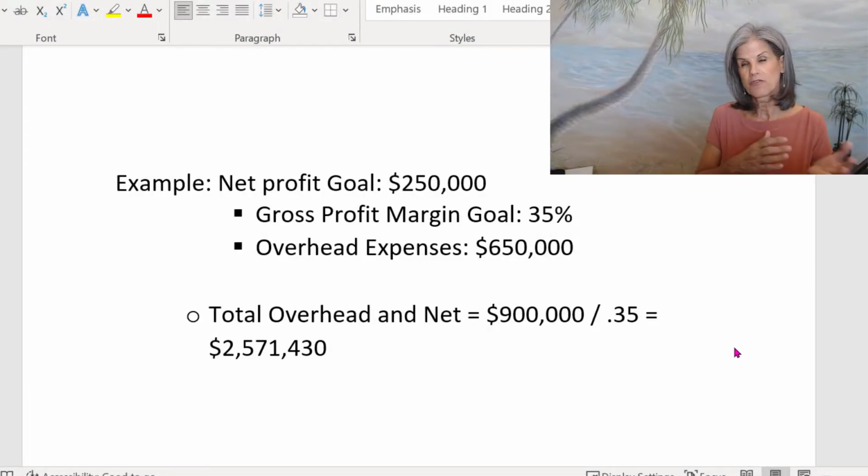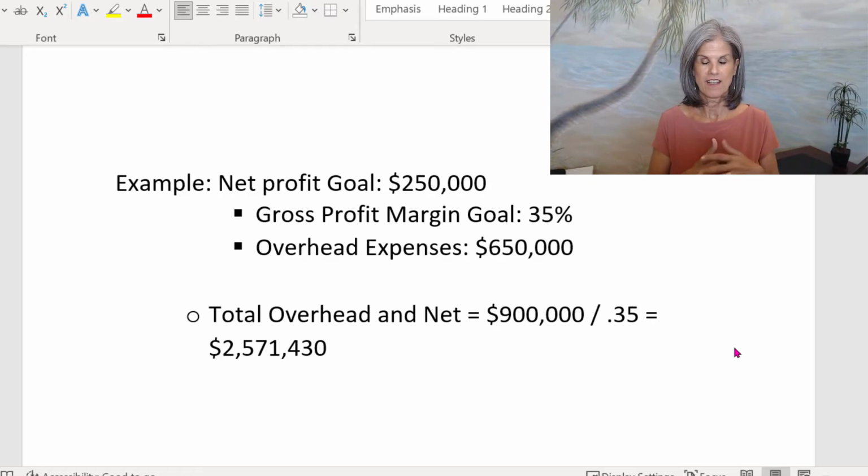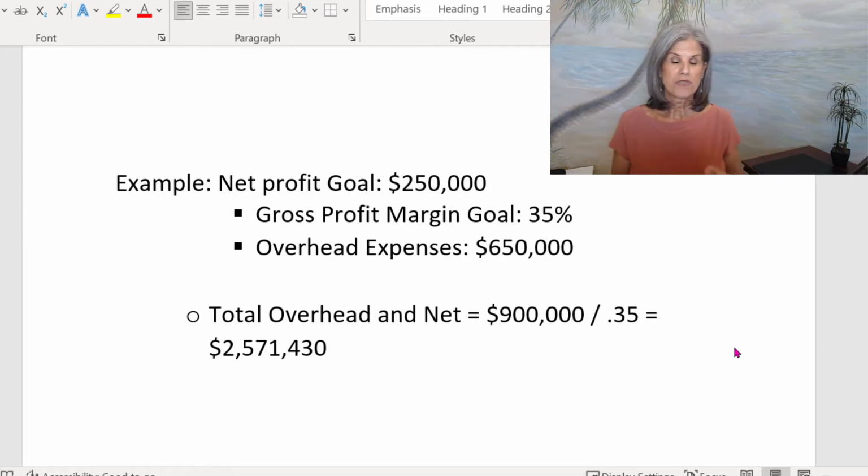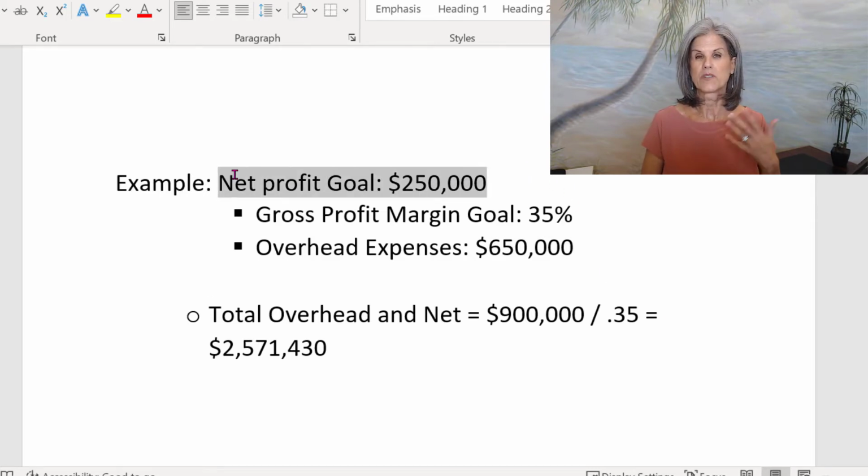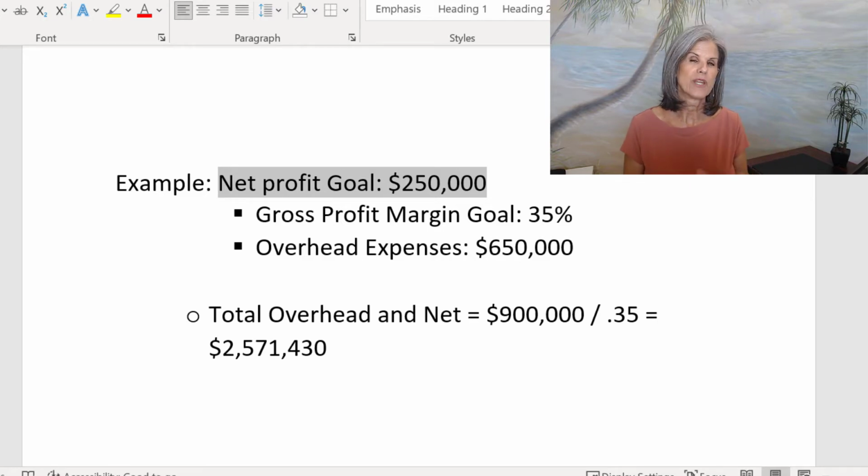As you recall, the first part of this conversation, I said the very first thing that you want to do for your business is set goals. So the first question that Phil needed to ask himself is, what is his net profit goal for his business? One important thing: your net profit goal should be above and beyond your salary.